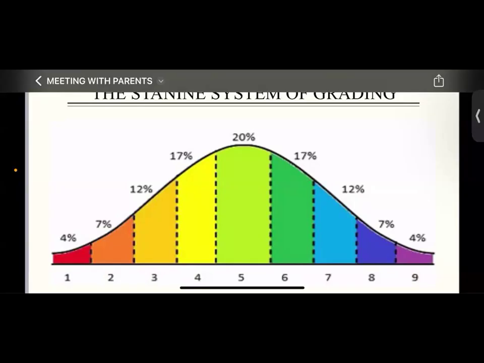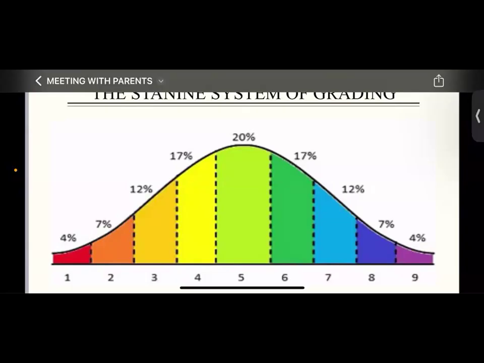By the time they get to 4% of the population that wrote that particular subject, they will be given the 1. So in an instance where by the time they got to 96%, they've gotten the 4% of the population that sat for that subject, the 1 has been shut. Automatically, if you got 95.9, you are moving to grade 2.